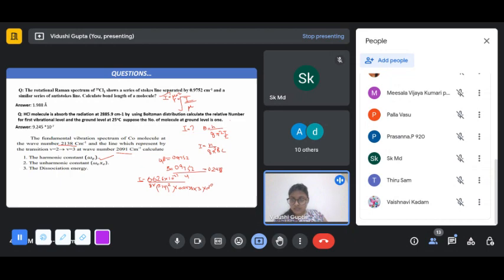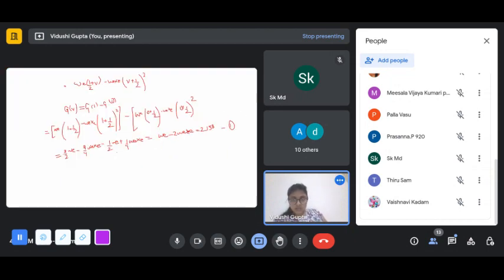Now you know that for the second transition 2 to 3, the wave number is 2091. So similarly, we will calculate for it. It will be G3 minus G2.